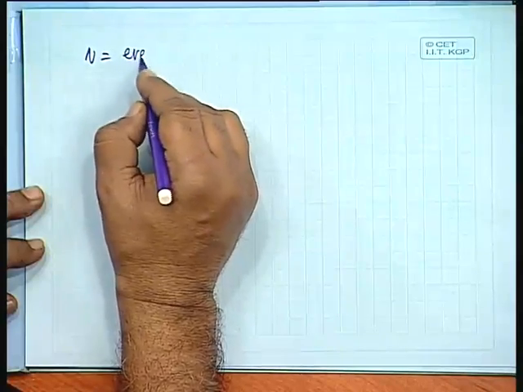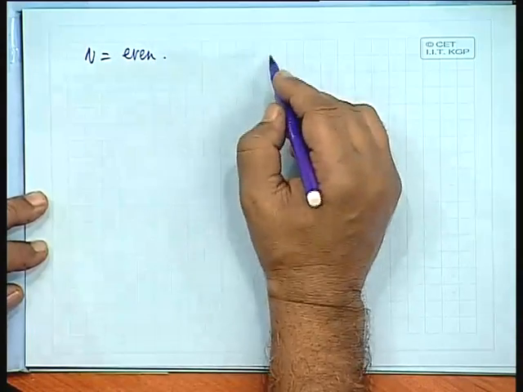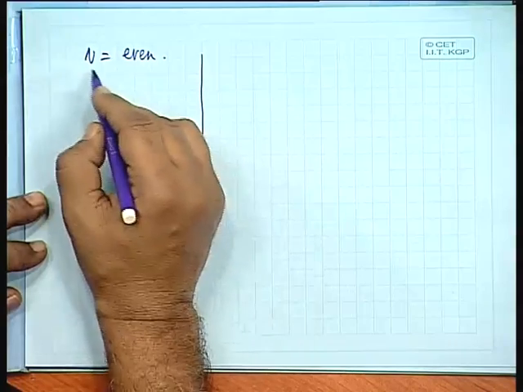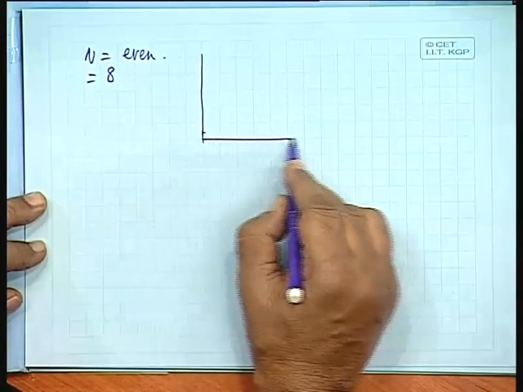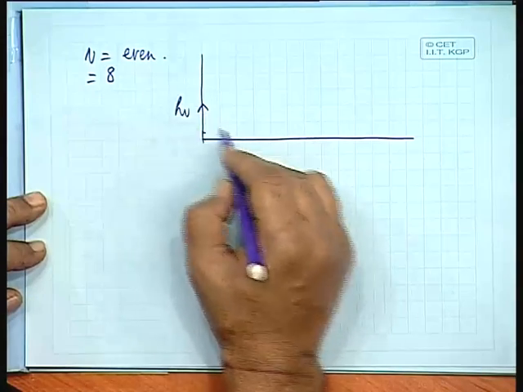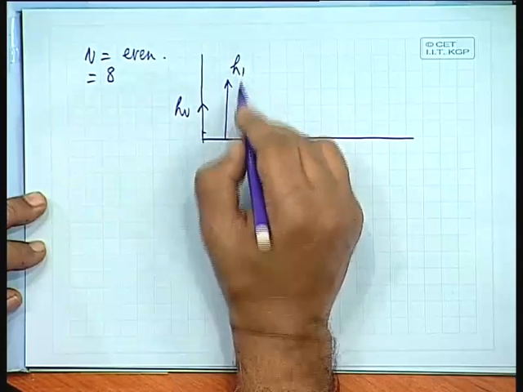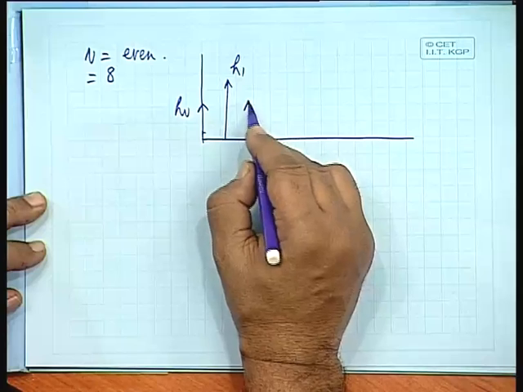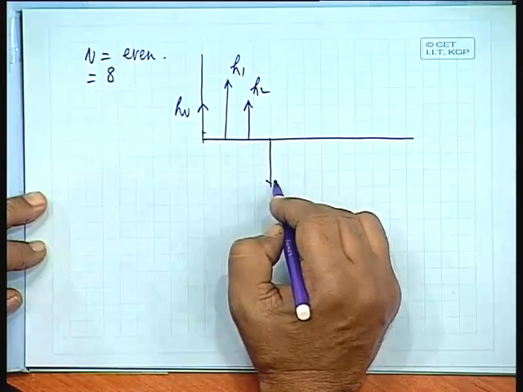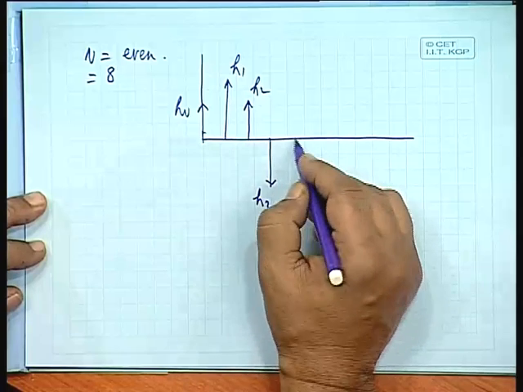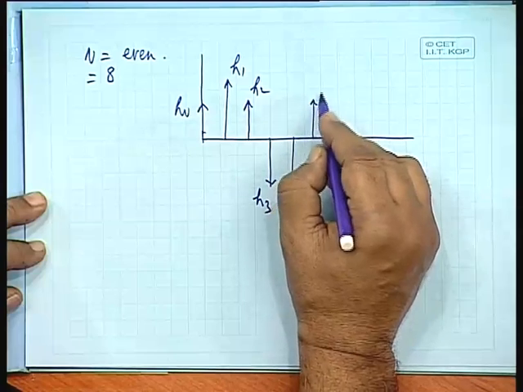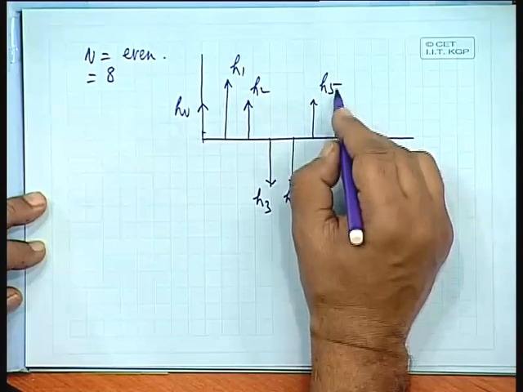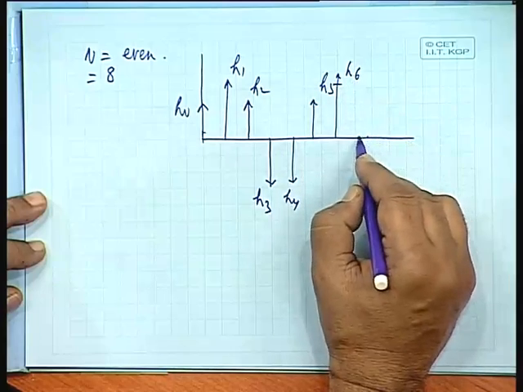Let us now go for n even. Say n is equal to 8. So, H0, H1, H2, H3, H4, H5, H6 and H7.